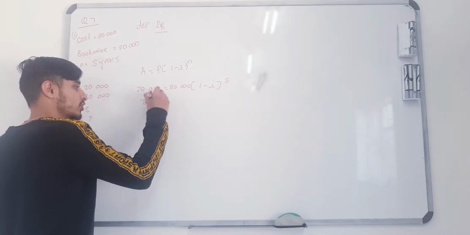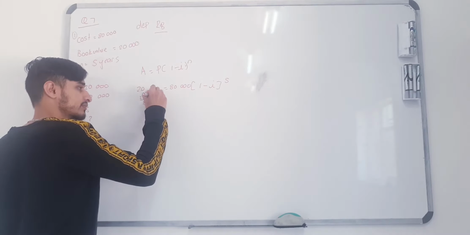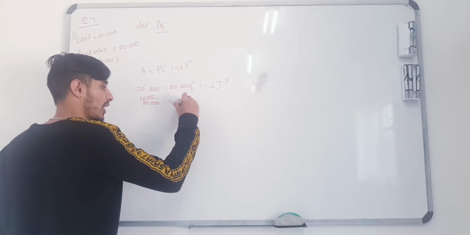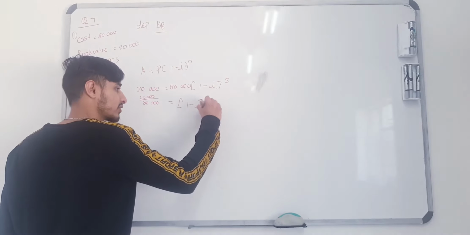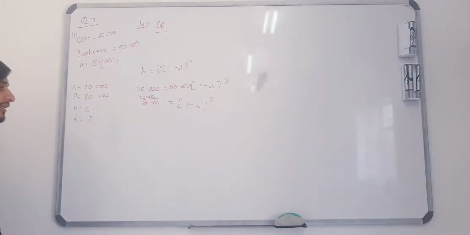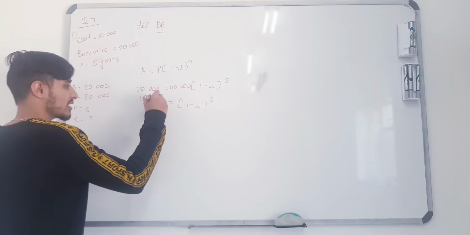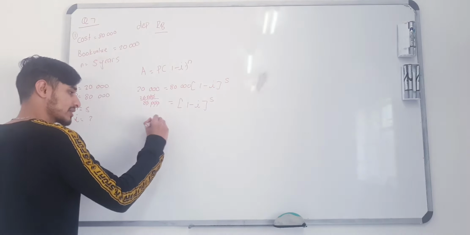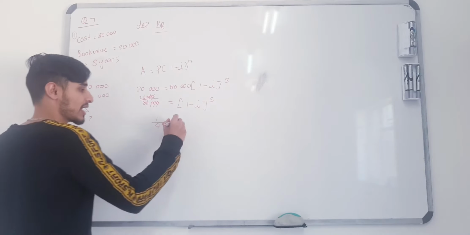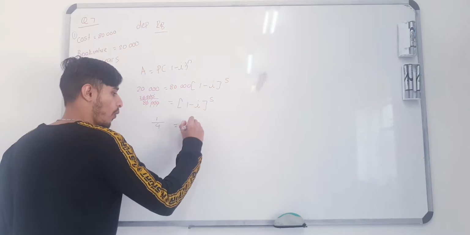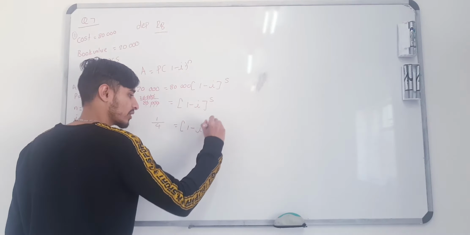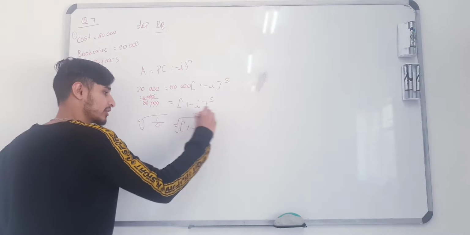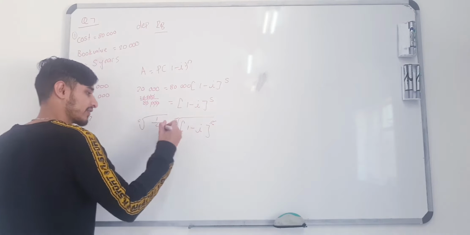So it becomes 20,000 divided by 80,000 is equal to 1 minus I to the power of 5. Then, if you simplify it, all the zeros can cancel out. 2 goes into 2 once and into 4 twice, so it is 1 over 4 is equal to 1 minus I to the power of 5. Then we fifth root it there and we fifth root it there, so the 5 and the 5 cancel.